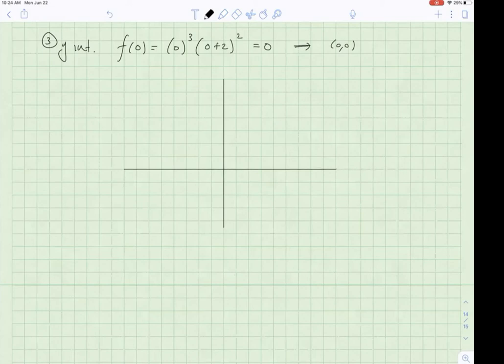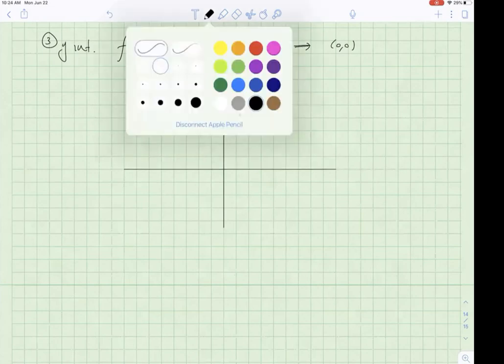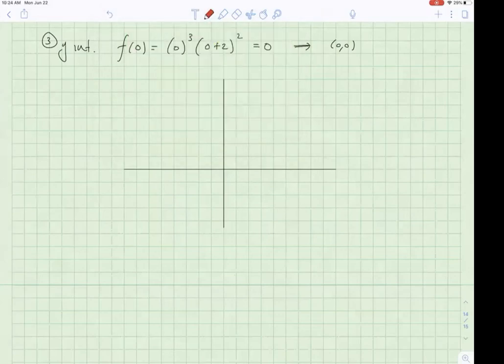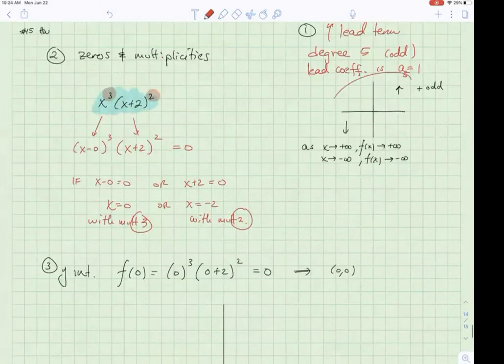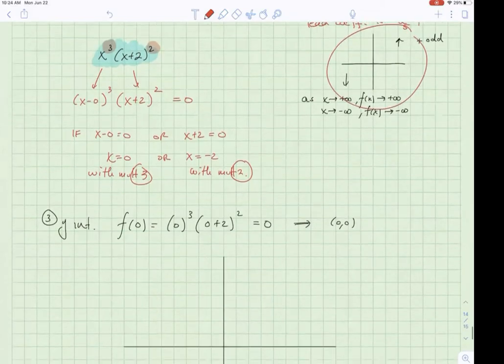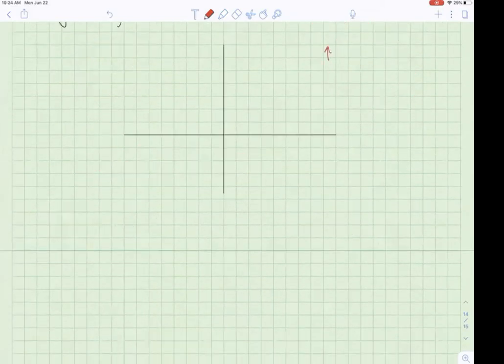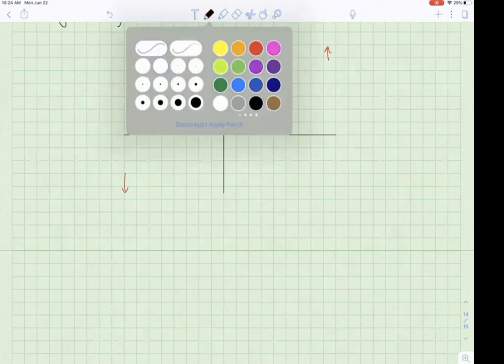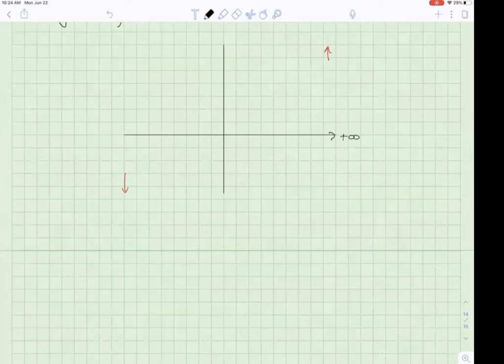Doesn't need to be that big. Let's see. The end behavior is as follows. So it has to go down in quadrant 3 and up in quadrant 1, or as x approaches positive infinity, the y values approach positive infinity.